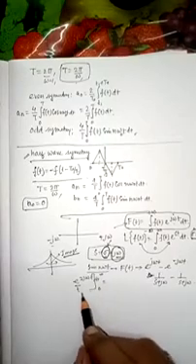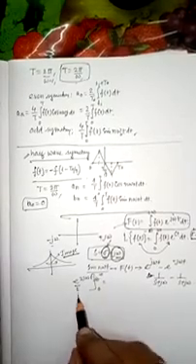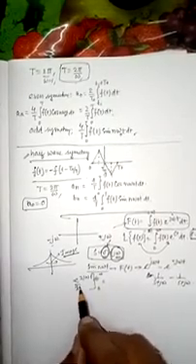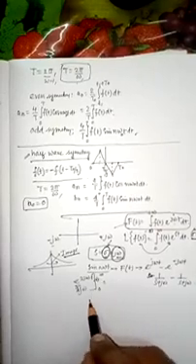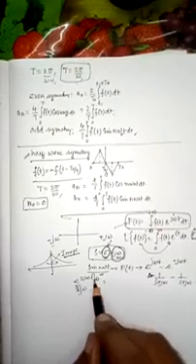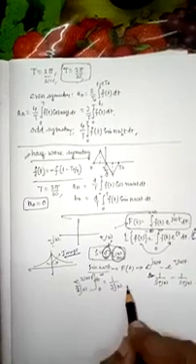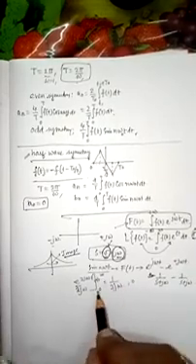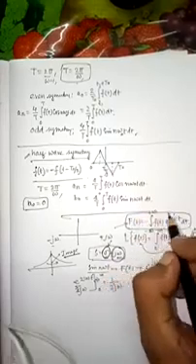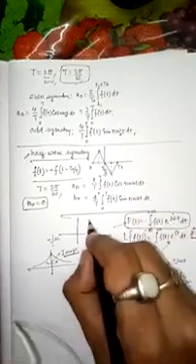No, sorry, it's 2j omega, I was doing it wrong. So 1 by 2j omega, and the other is 0. So you will get one impulse, only one impulse.